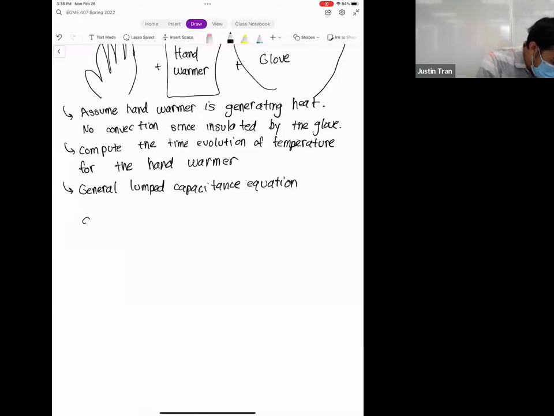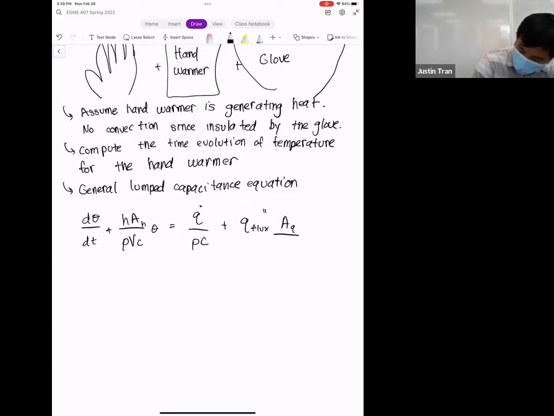And so we have d theta dt plus h A_h divided by rho V c times theta is equal to q dot over rho c, plus q flux double prime times A_q divided by rho V. Okay.